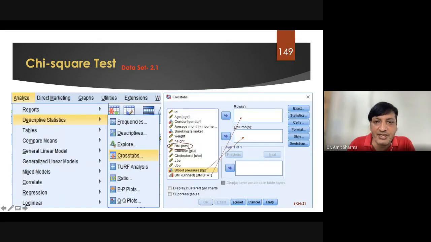Here you are going to get two boxes, one for row and one for column, and you're not bound to which one goes where. For example, one is your independent variable and the second is your dependent variable, so you can keep either in either place. It's not necessary that you keep BMI in row, or that you cannot keep BMI in column. So two variables will be chosen, one kept in row and the second in column.